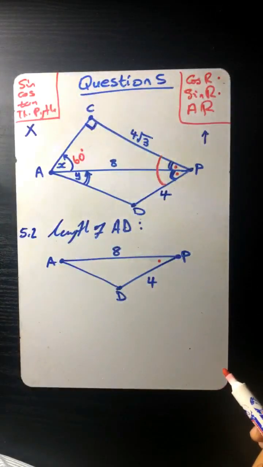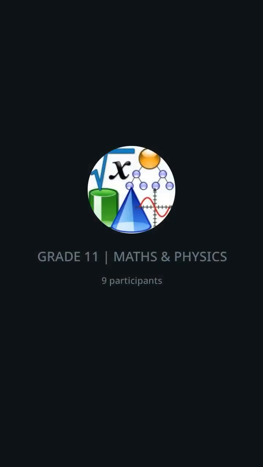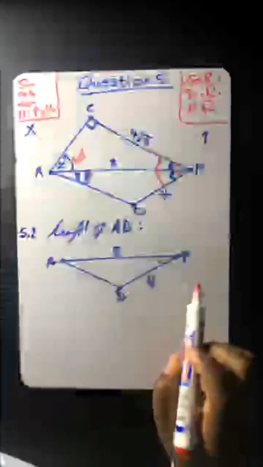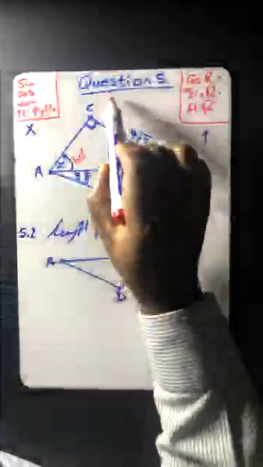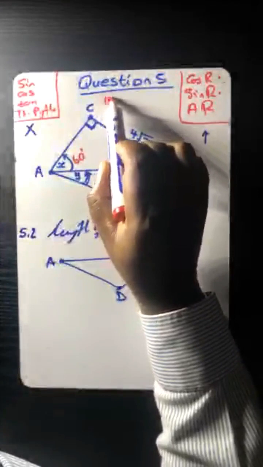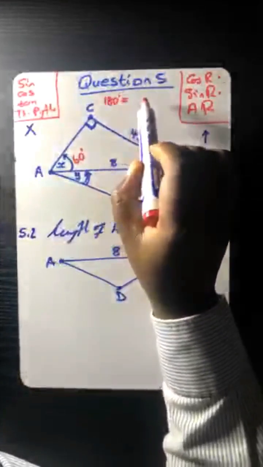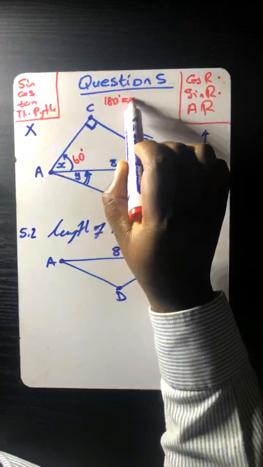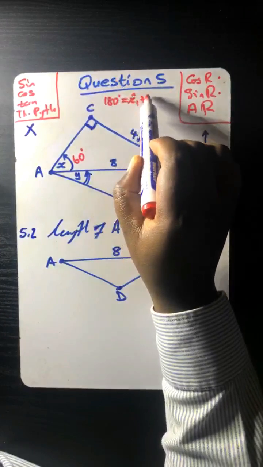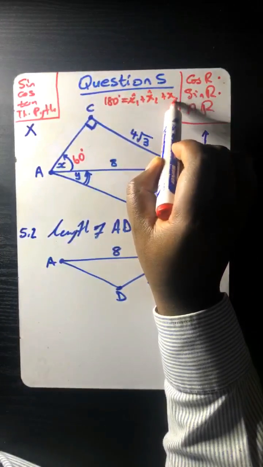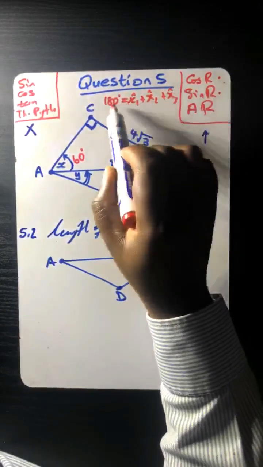Makes sense, sir. 100%. Now, what is that angle? This is where you now need to remember that the sum of interior angles of a triangle equals 180 degrees. So that means in a triangle having three angles, let's say angle number 1, you must add it to angle number 2, you must add it to angle number 3, and they must all give you 180 degrees.